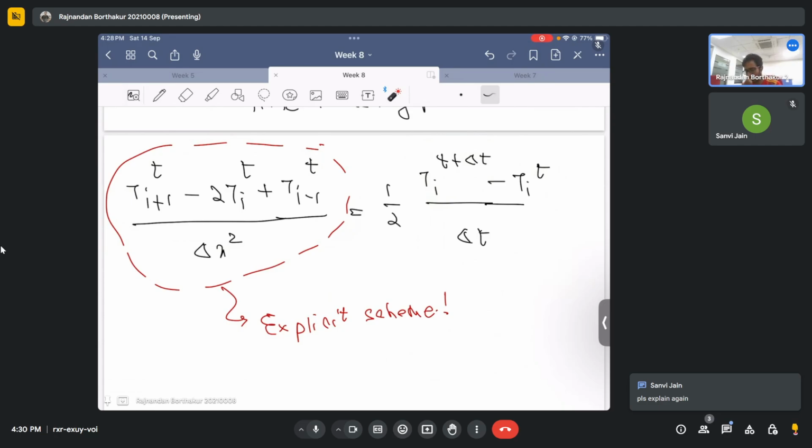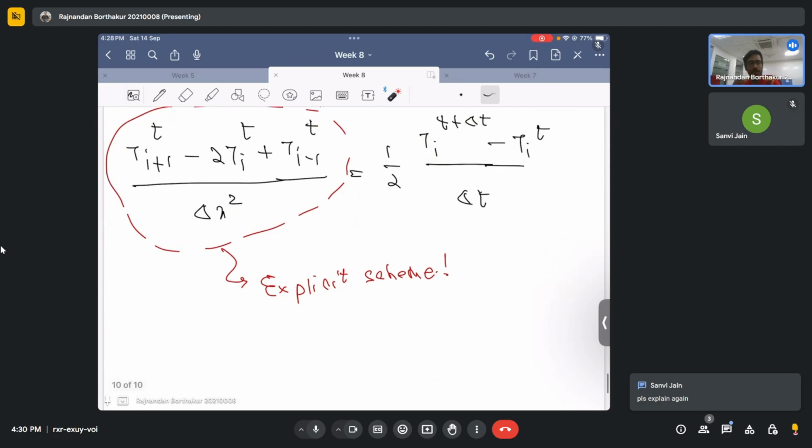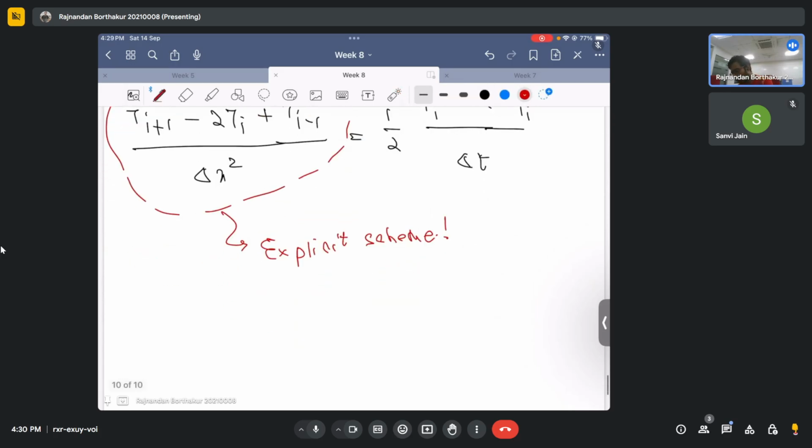Okay. So the thing is, when you are using an explicit scheme, you know that the temperature of the entire rod at time t equal to 0, for all x, is some T infinity.